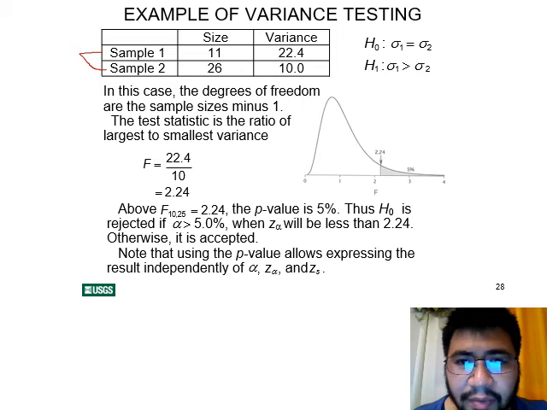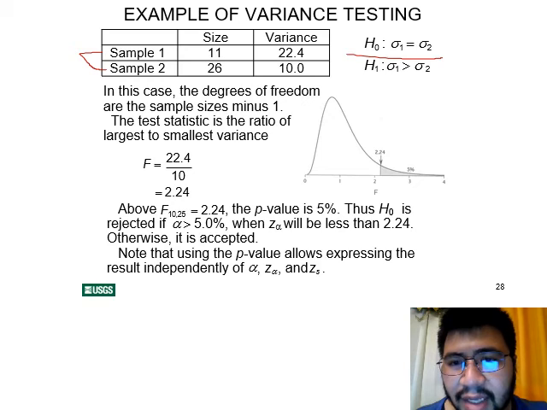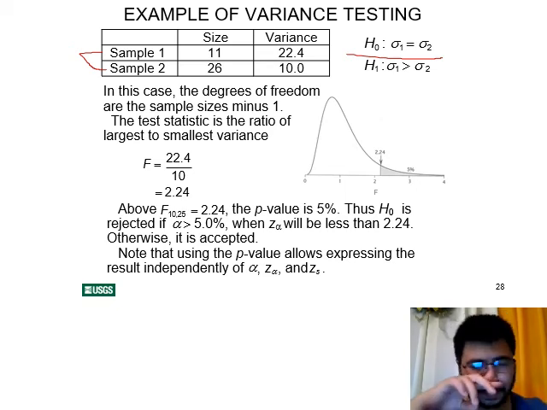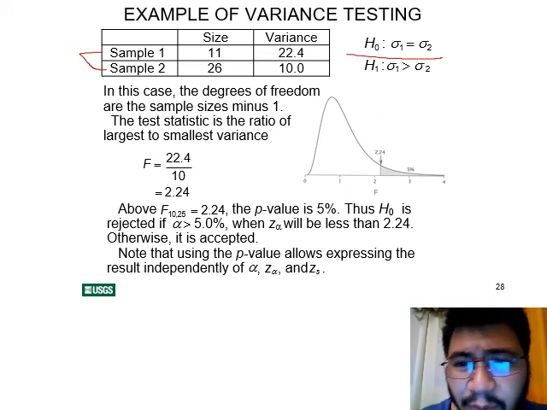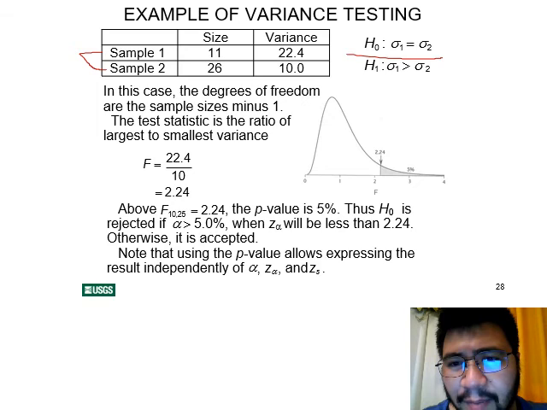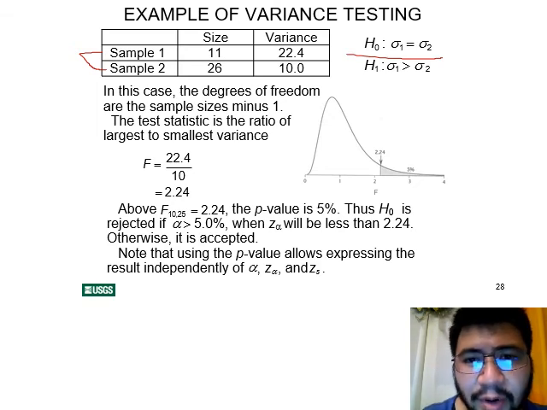And we just want to know if their variance is the same. So that is our null hypothesis. The null hypothesis actually is that the variance of sample 1 is just equal to the variance of sample 2. And that's our null hypothesis.